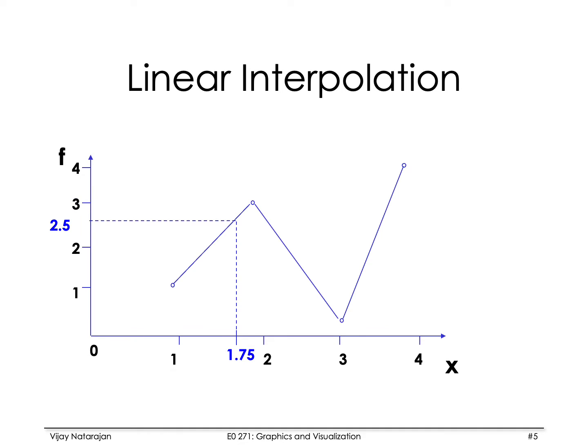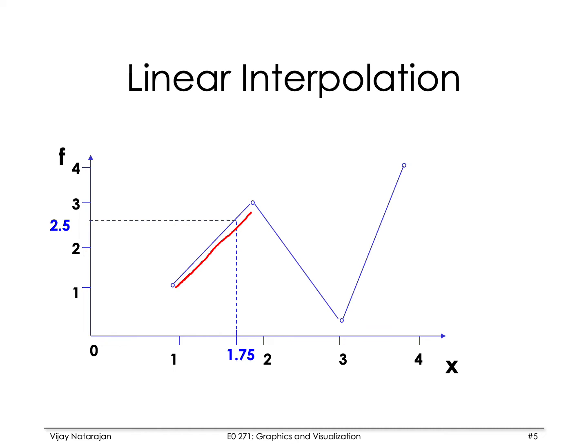The more familiar interpolation is the linear interpolation. Here f is represented as a piecewise linear function. Between two sample points, let's say 1 and 2, we would like to interpolate the value of the function using a straight line, or using a linear function.